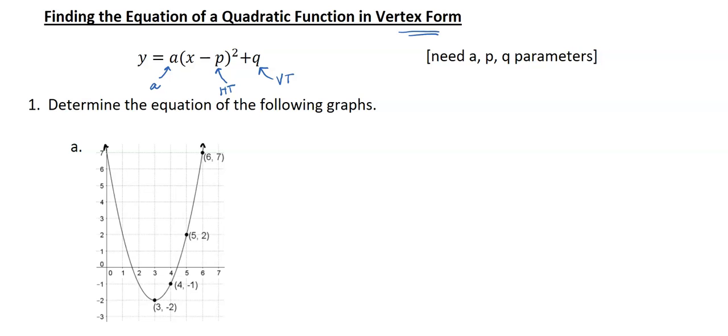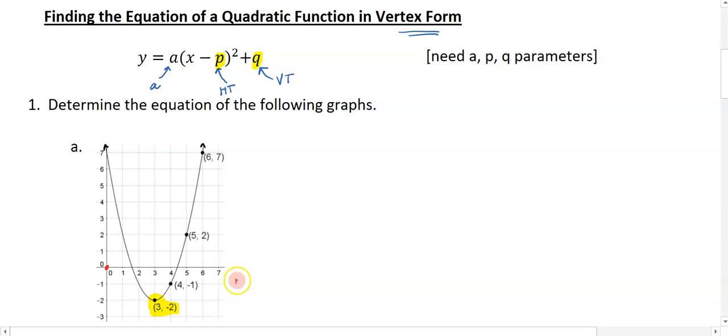Now, the P and the Q, a reminder, come from the translation to the vertex. So that part is where we would start. Okay? The 3 and the 2 in this question describes that this parabola from my origin has gone right 3 and down 2.